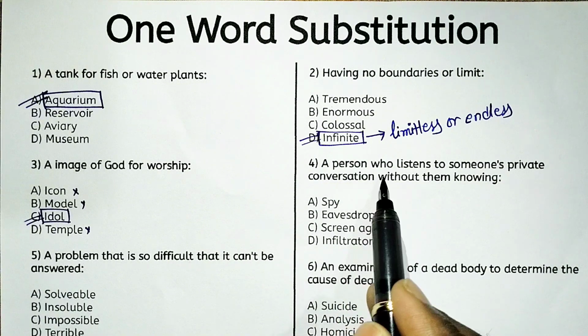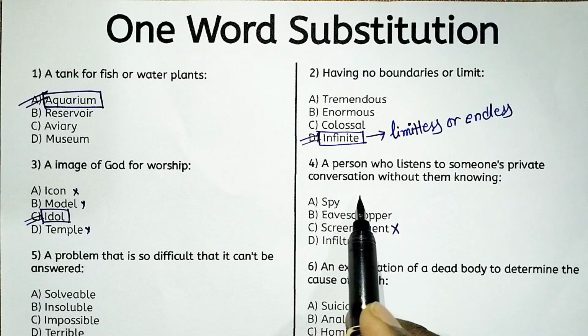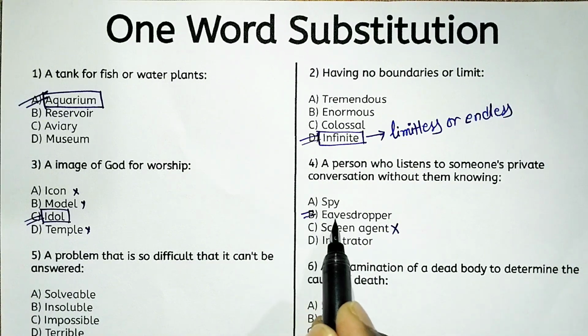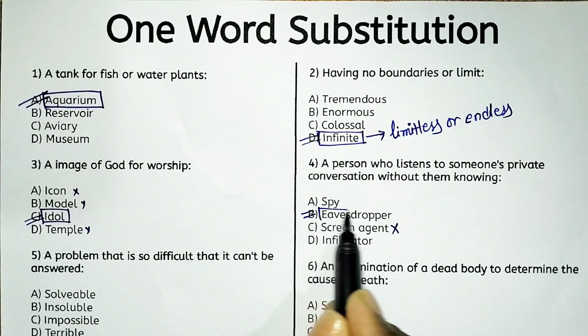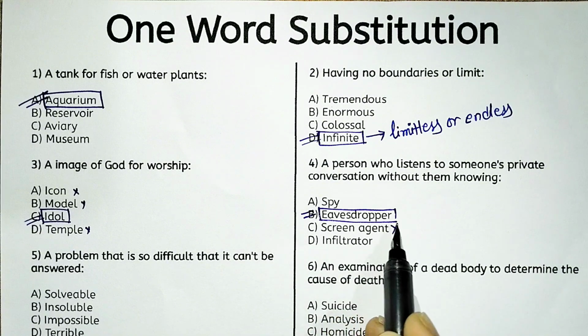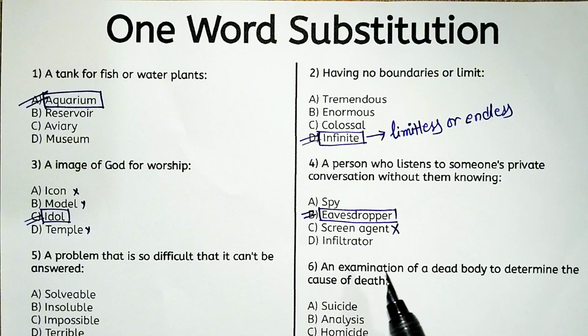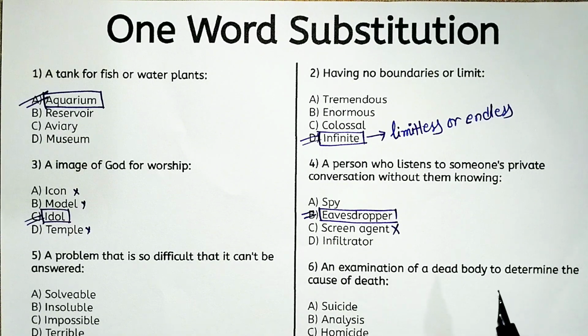So a person who listens to someone's private conversation without them knowing, that is option B, eavesdropper. Eavesdropper is one who secretly listens to other people's conversation without permission.